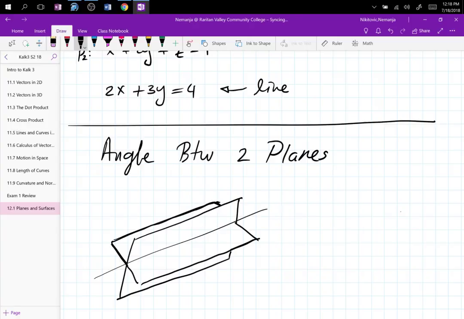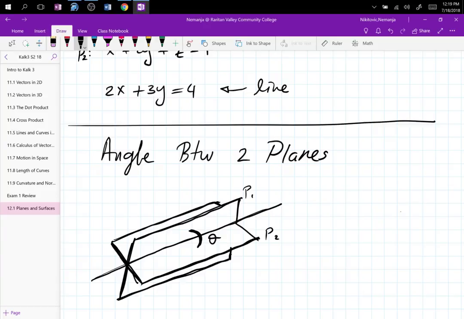All right, so the angle between these two, angle theta. Very good. Each plane is described by its normal vector. So if I'm intersecting two planes, each one of those planes would have a normal vector, and the angle between those normal vectors is the same as the angle between the two planes. Excellent.